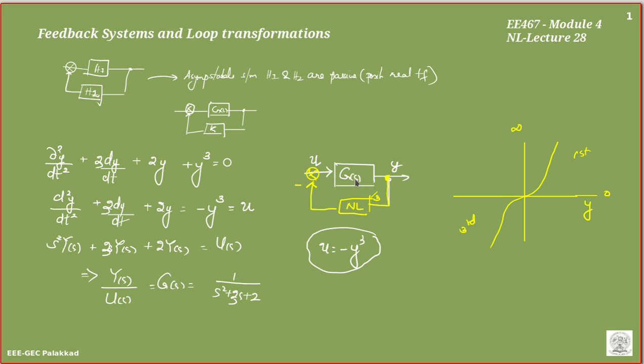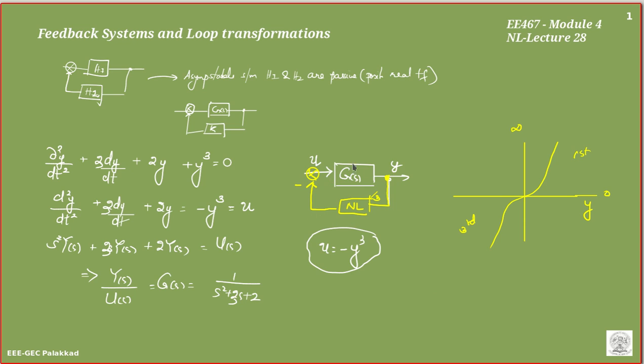So what we have to do is look at the Nyquist plot of G(s), and then we can say that if it is on the right half of the imaginary Gj omega axis, then G(s) is strictly positive real.